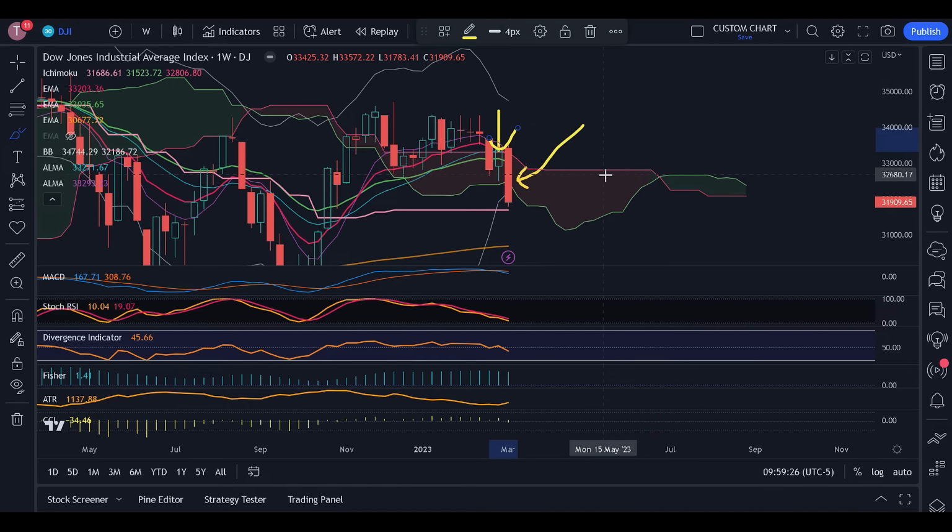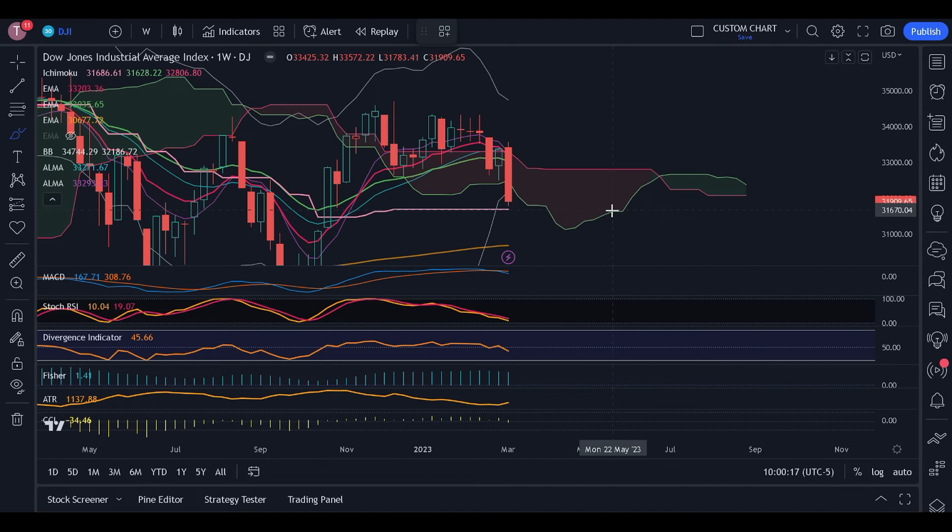This means heavy bearishness in the entire stock market. Other than that, in the Dow Jones, the MACD and the stochastic RSI are both aligned bearish, so bearish is the trend of the entire stock market.